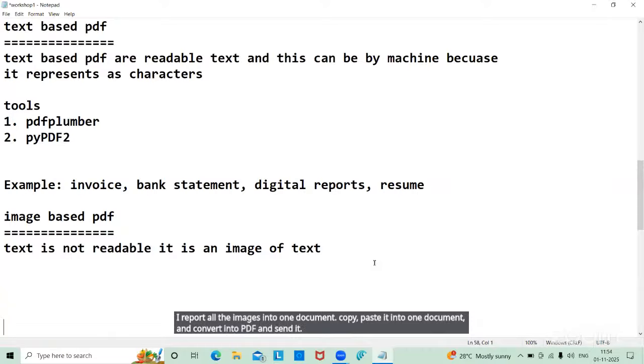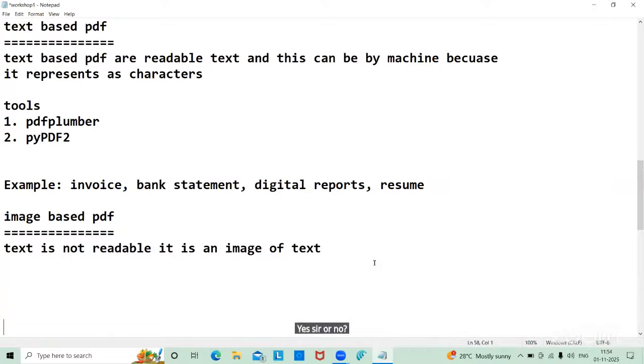Yes or no? So that document is what? Image based. That notes are image based. Scanned papers and all those things come under image based, right?